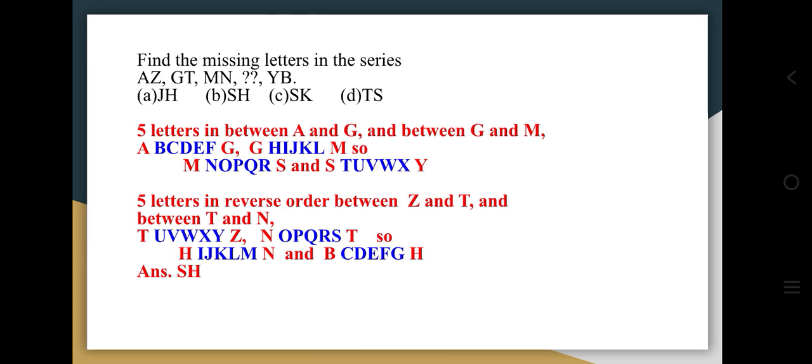Find the missing letters in the series A, Z, G, T, M, N, question mark, Y, B. So here, between A and G, 5 letters: B, C, D, E, F. Between G and M, again 5 letters: H, I, J, K, L. So after M, we have to count 5 letters, then the next letter, the 6th letter, is the starting letter of the missing term.